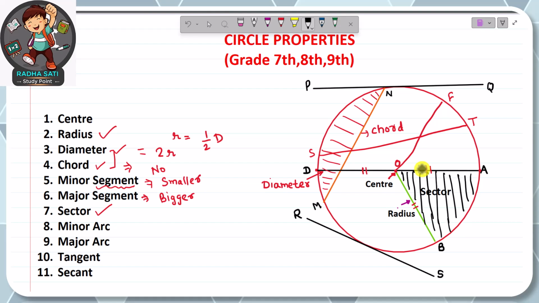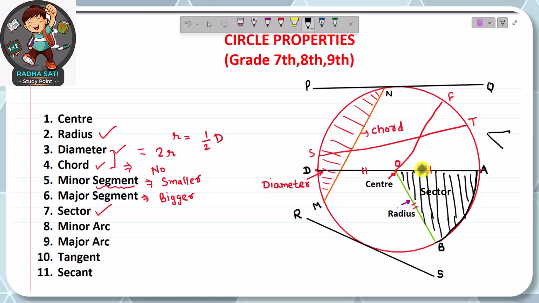Sector means the area enclosed by two radii OA and OB, and the arc between them, this one. This is an arc. Arc means the continuous part of the boundary of a circle. So this is an arc.